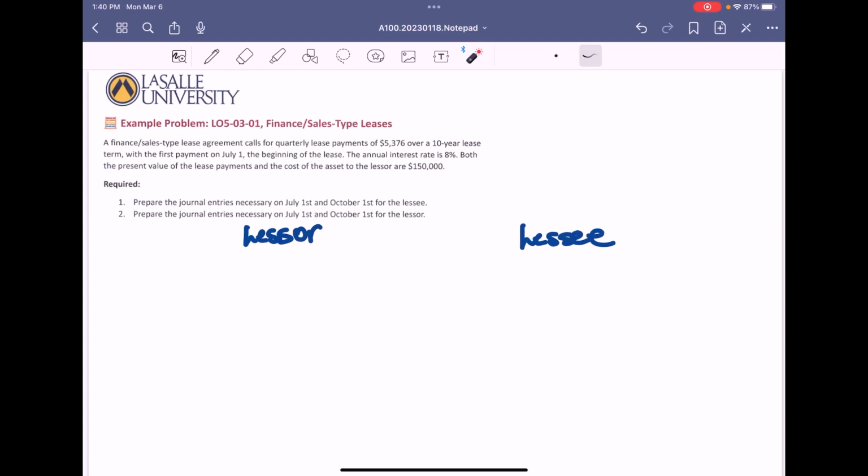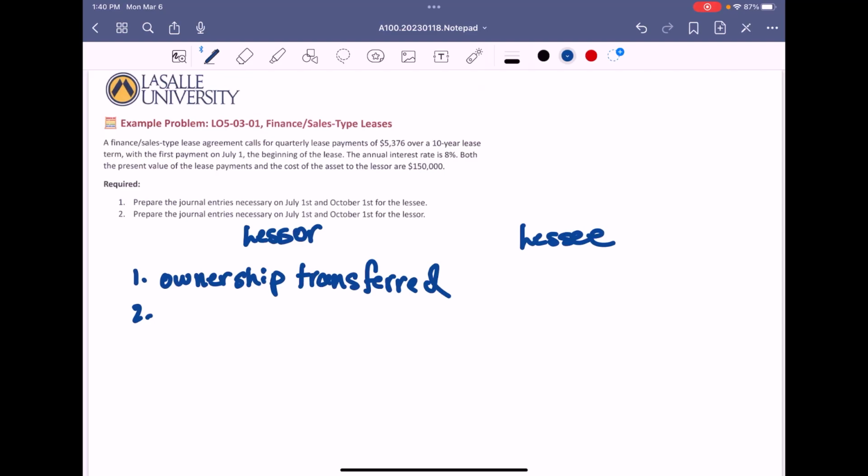And if you remember, the criteria were we have to consider, does the lease talk about ownership being transferred? The second criteria here was, is there a purchase option that is reasonably likely to be exercised by the lessee? So is there a purchase option?